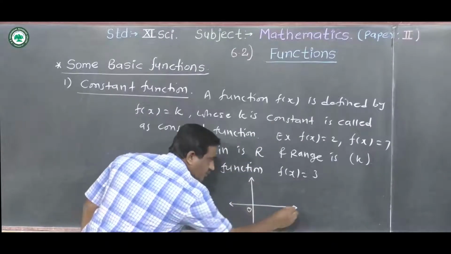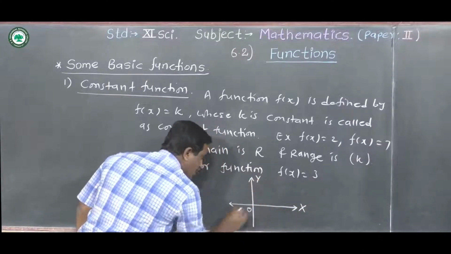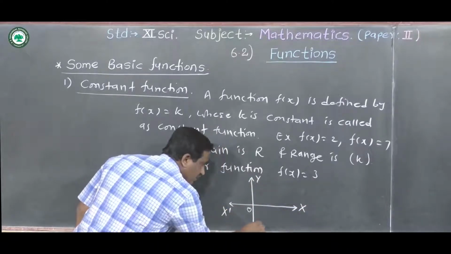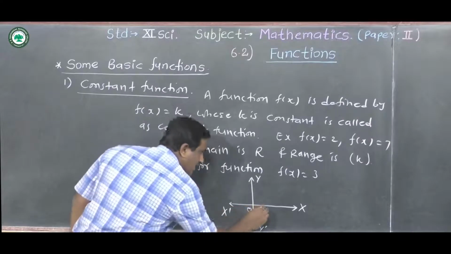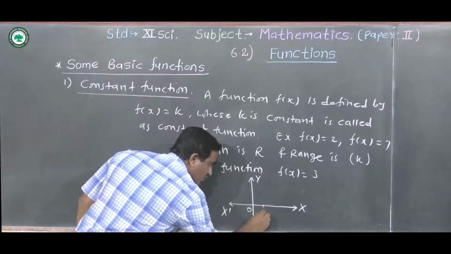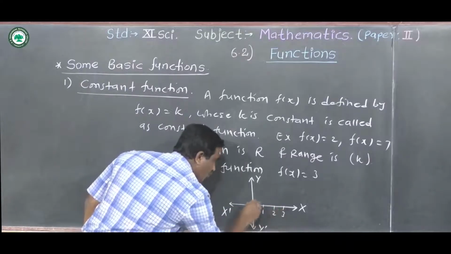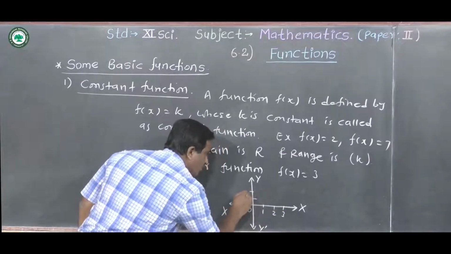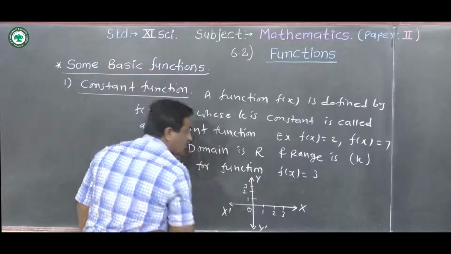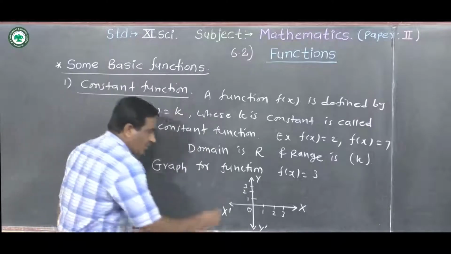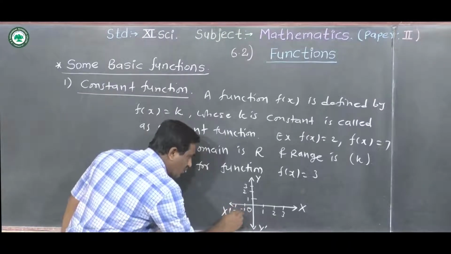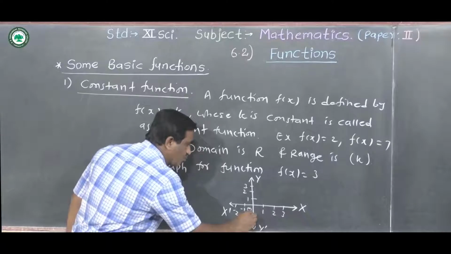This is origin, x-axis, y-axis, and we can take scale on axis 1, 2, 3, and so on. Here also 1, 2, 3. Okay. Now here also minus 1, minus 2, and so on.